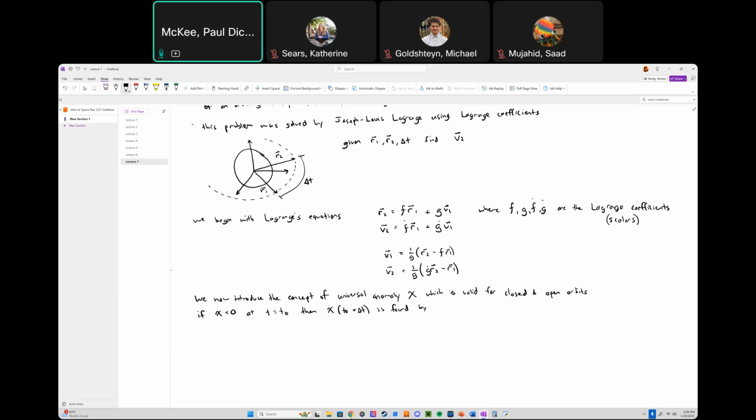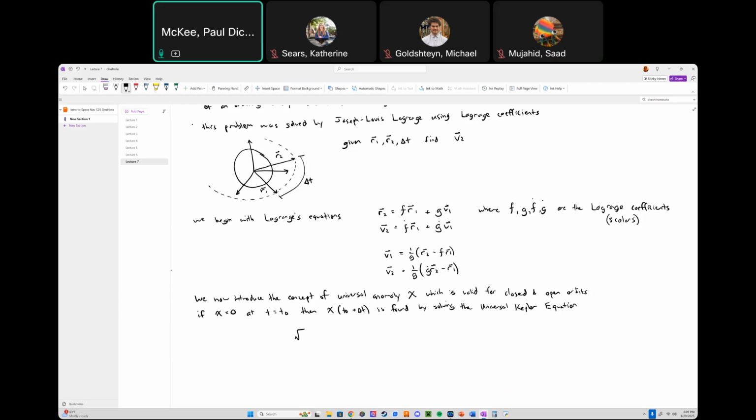This is found by solving another thing which we're going to introduce, the universal Kepler equation. So I mention this now because we're not going to use it outside of this derivation, but you might remember from our Kepler discussion, there's a set of equations for a closed orbit, and a set of equations for an open orbit. If you go nuts with the math, you can end up with a set of equations that work in either case.